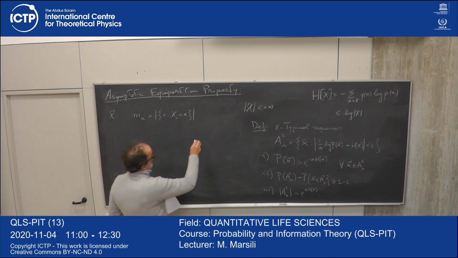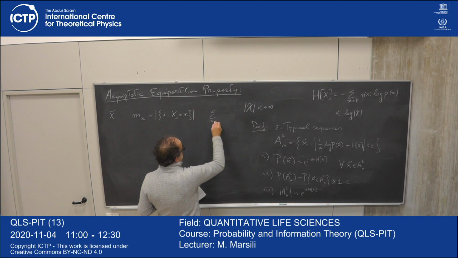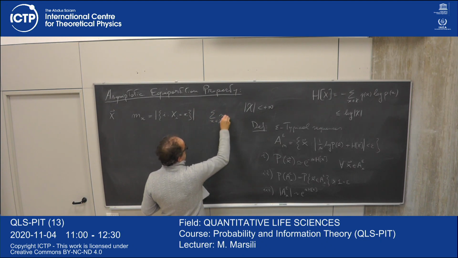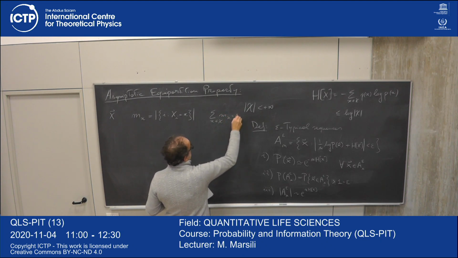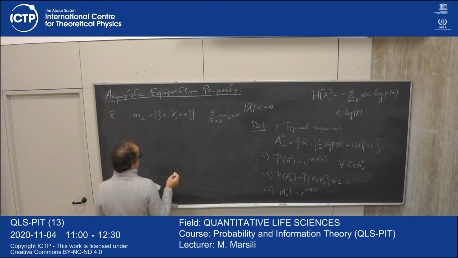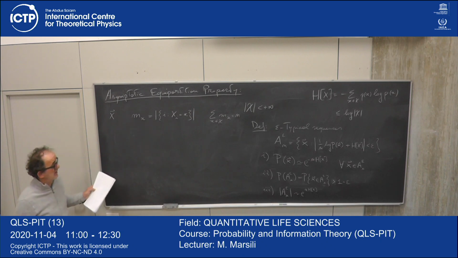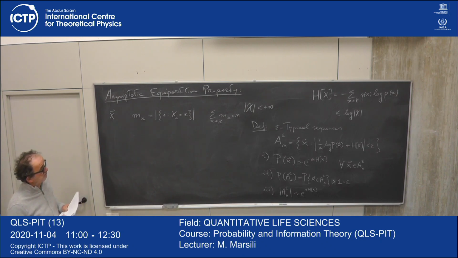Of course, the sum over all possible values of x of m of x must be equal to n, because n is the total number of points in your sequence.